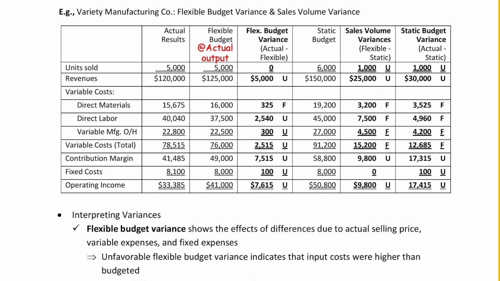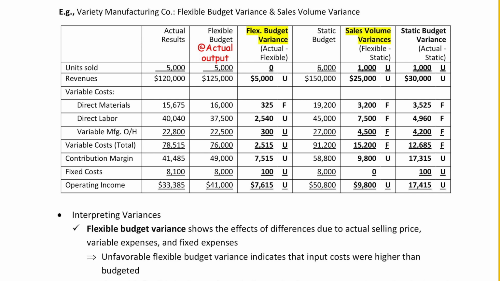So actual results versus flexible budget gives us the flexible budget variance. Then we look at the static budget, and the flexible budget versus static budget would give us the sales volume variances. Now we've got flexible budget variance and sales volume variance.